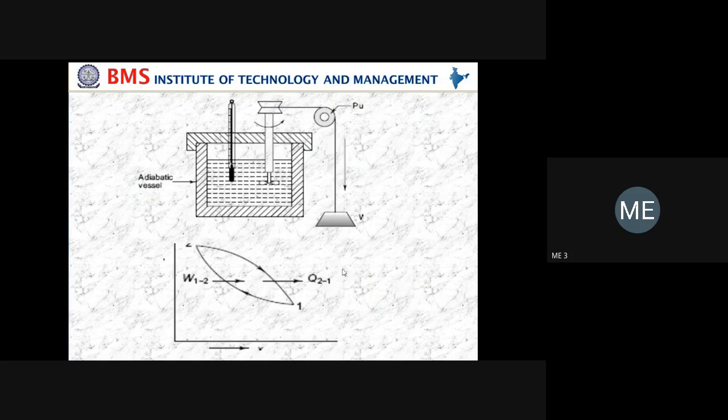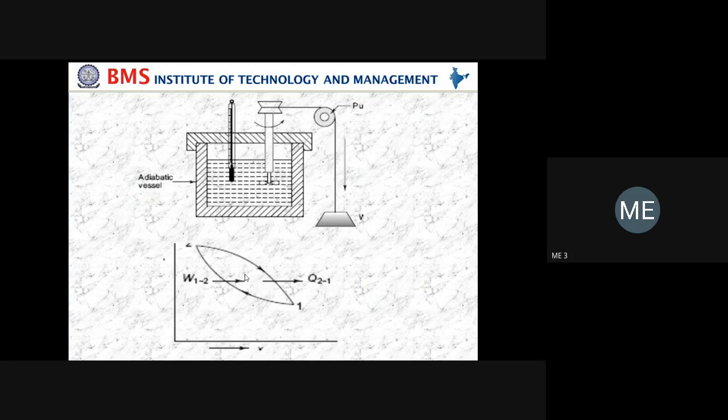We studied the thermodynamic process and the cyclic process. A cyclic process is one in which the initial state and final state are identical. A thermodynamic process is one in which the initial state and final state are not the same. Here we are going to deal with the cyclic process.